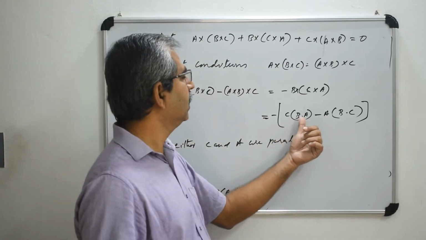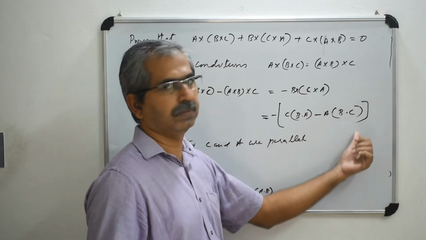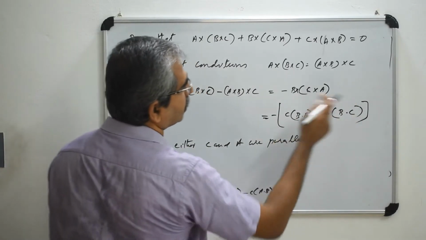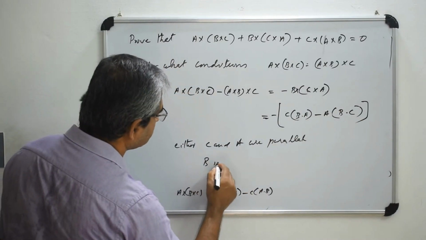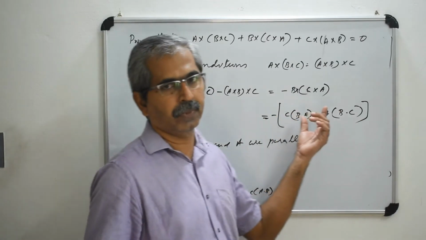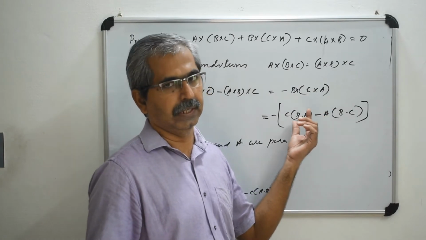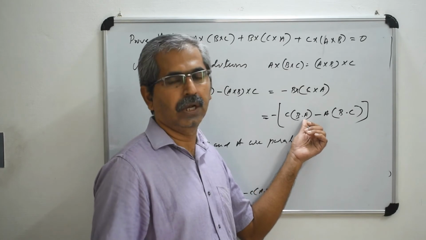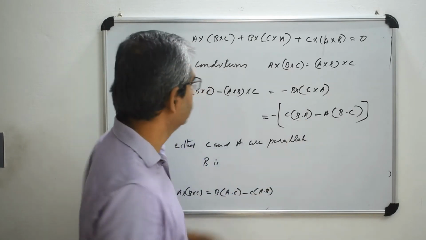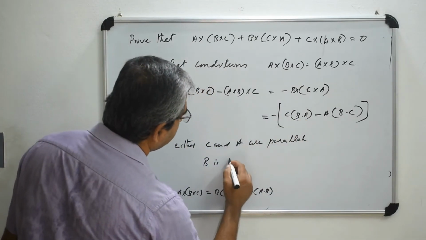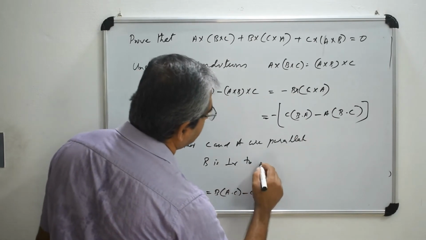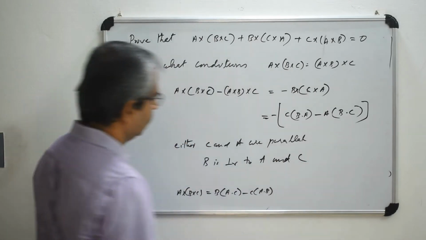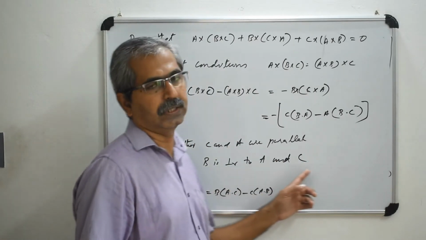So we can say B dot A equal to 0 and B dot C equal to 0. When is this dot product 0? When the angle is equal to 90 degrees. B dot A equal to BA cos theta and cos 90 equal to 0. So B is perpendicular to A and C.